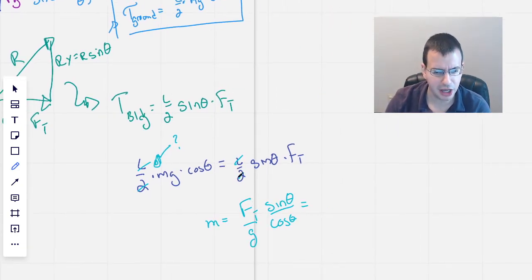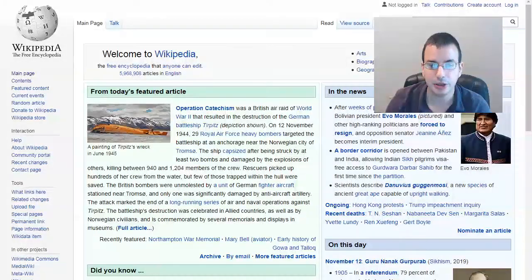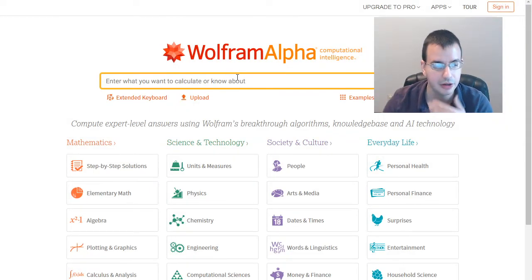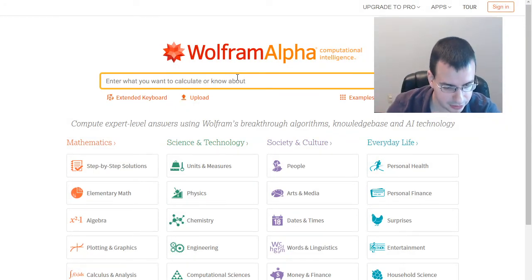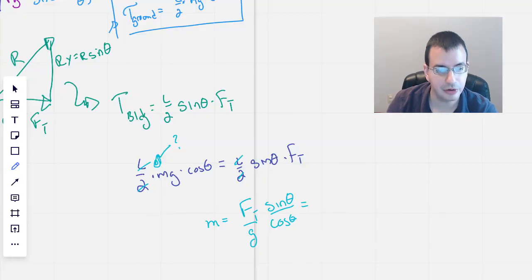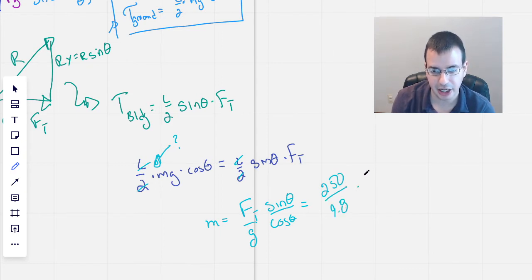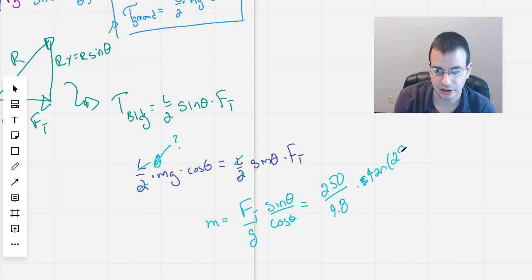Okay, so now to Wolfram, where theta is 25. So we'll do something like this. Oh, that's Wikipedia. Wolfram. And we need to remember what I was looking for. So this will be 250 over gravity, which is 9.8, times tangent of 29.